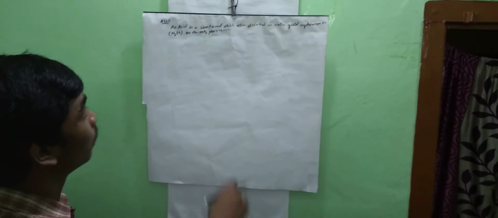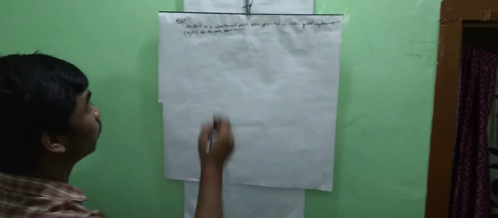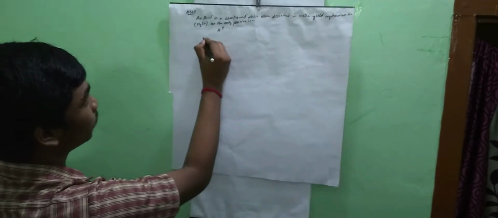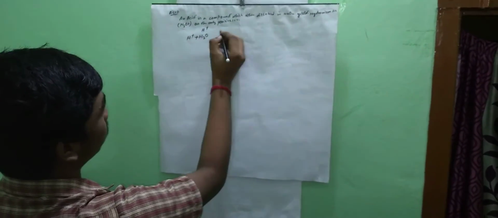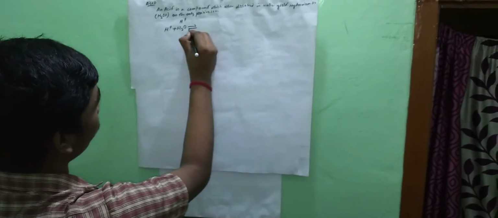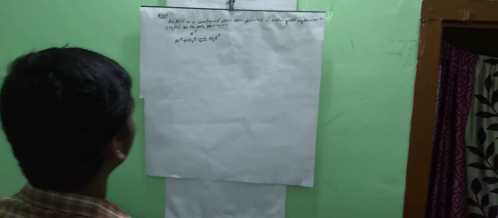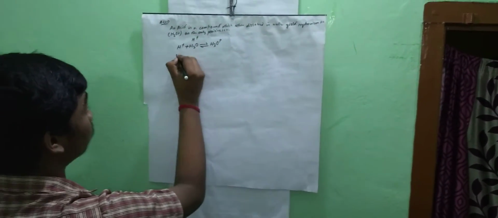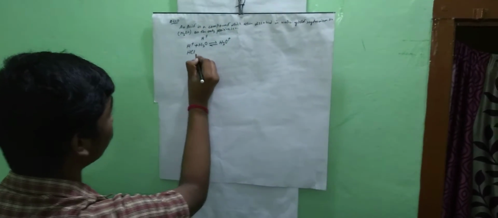Let us know how this H3O plus, or hydronium ion, came. We know that acid contains H plus ion. When this H plus ion reacts with water, it produces hydronium ion. Let us take an example of HCl.